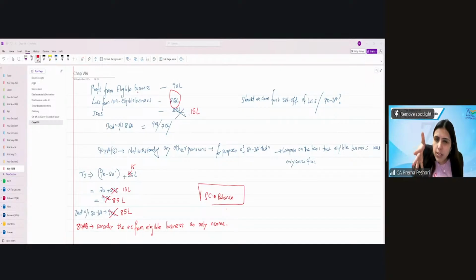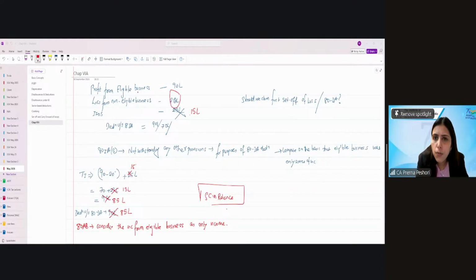In case of Chapter 6A deduction, this is a Chapter 6A deduction available for the profit from eligible business. So here these are not the specified businesses, right, under 35 AD. 35 AD mein, if you remember, we had this restriction that losses from specified business can only be offset against profit from specified business.